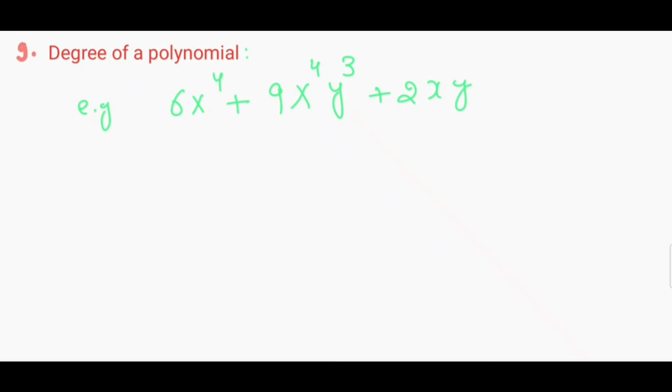So in this polynomial we have 3 terms. First is this, second term is this and third term is this. So the degree of the first term: here the variable is x raised to power 4. So the degree of 6x raised to power 4 is 4.